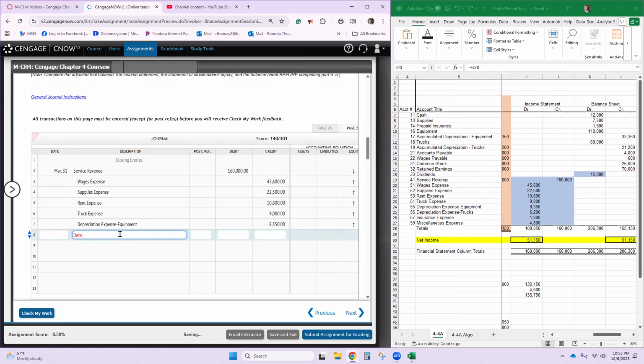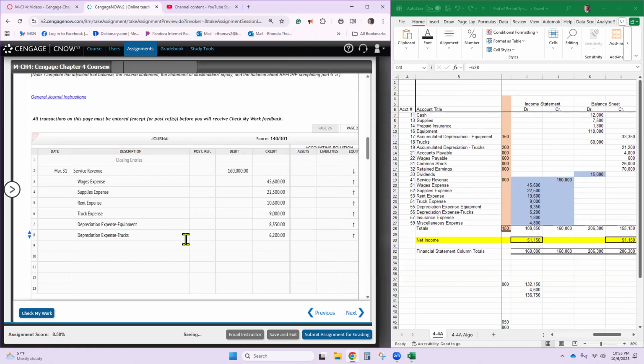Depreciation expense truck. Truck. All right, 6,200.